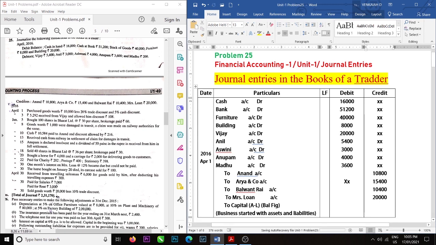There is some mismatch in assets. Cash 16,000, bank 51,400, stock is there.